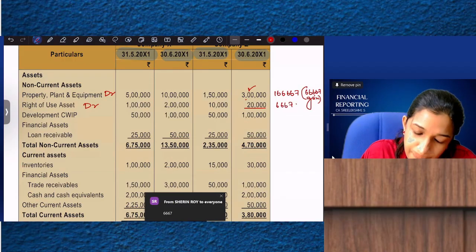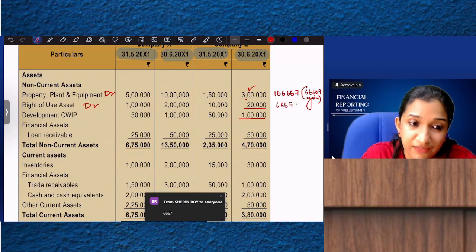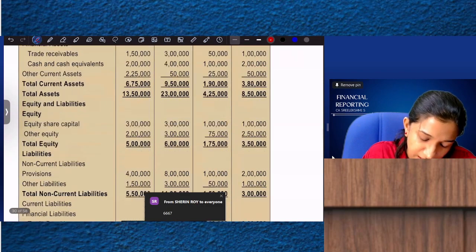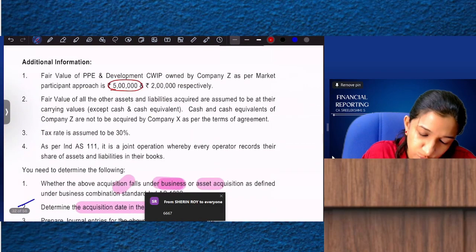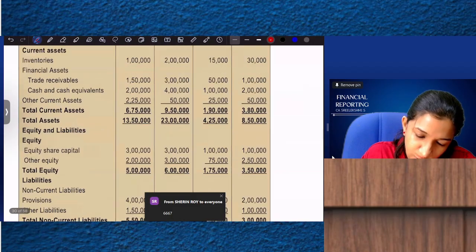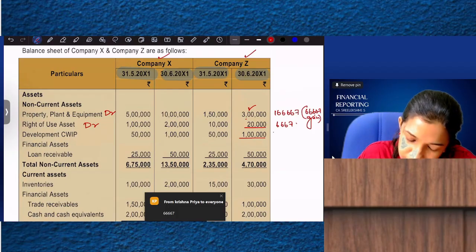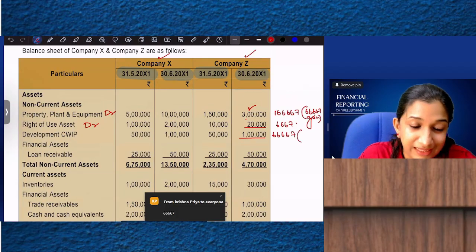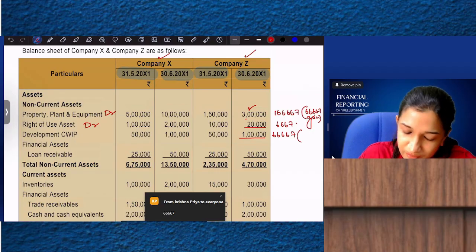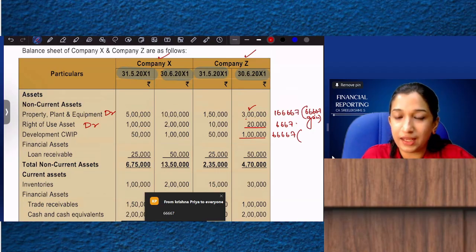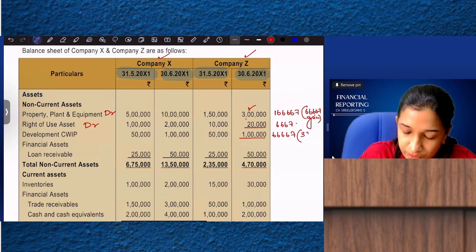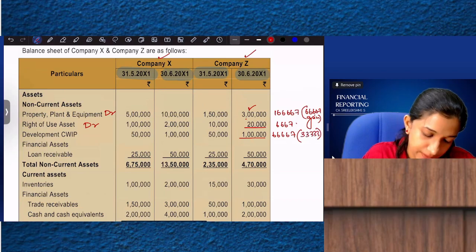20,000 divided by 3, 6,667. Capital work in progress, there is revaluation. You revalued it from 1 lakh to 2 lakhs. So 2 lakhs divided by 3, 66,667. So what is the gain? 1 lakh into 1 by 3, 33,333 gain.